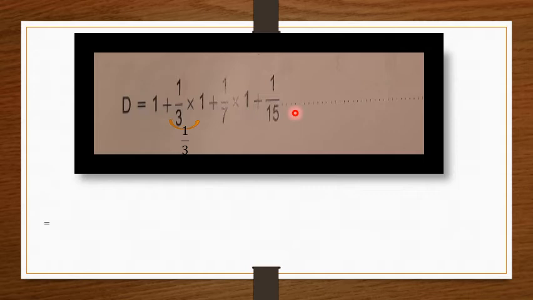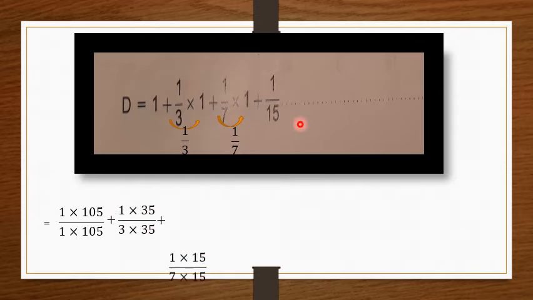So 1 over 3 times 1 is 1 over 3. 1 over 7 times 1 is 1 over 7. I write it in the expression. It's 1 over 1 plus 1 over 3 plus 1 over 7 plus 1 over 15.